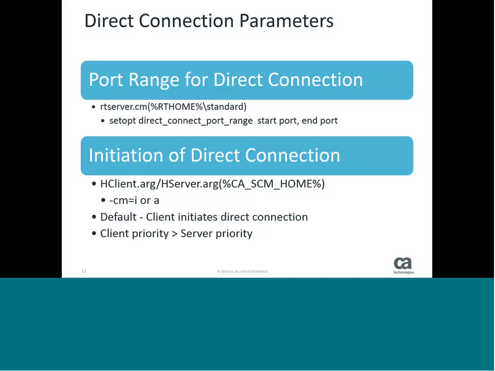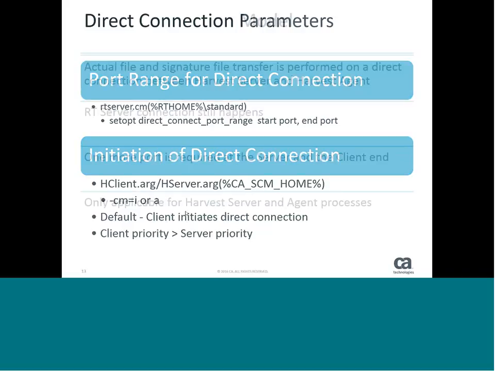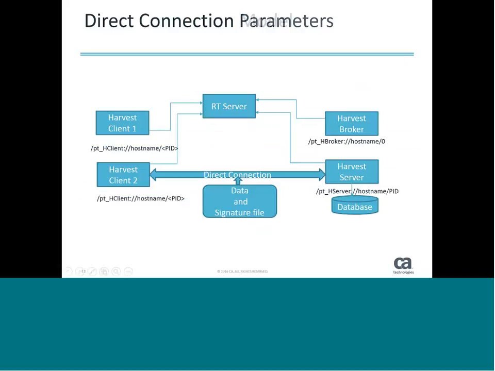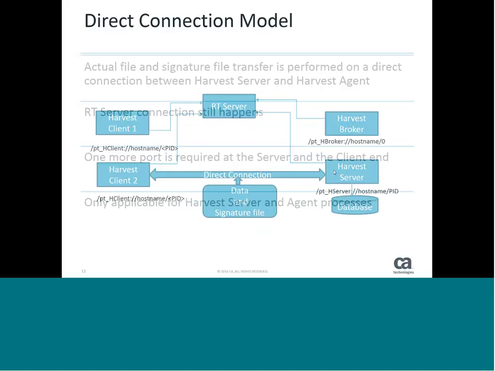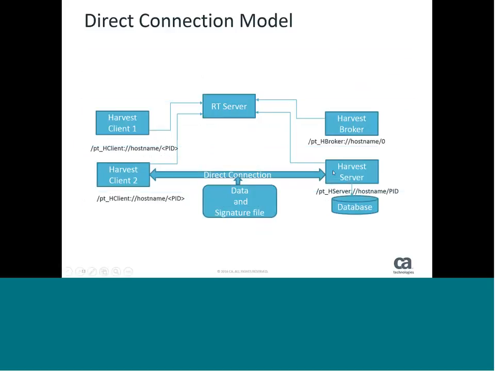So when this client is initiating the connection, it will be the client for this direct connection, and it initiates the connection to this particular server, so this will be the server end. In Harvest, we can only restrict the ports which will be used at the server end of the direct connection.